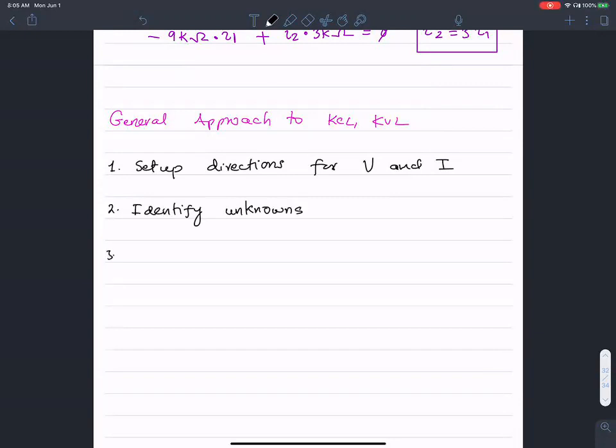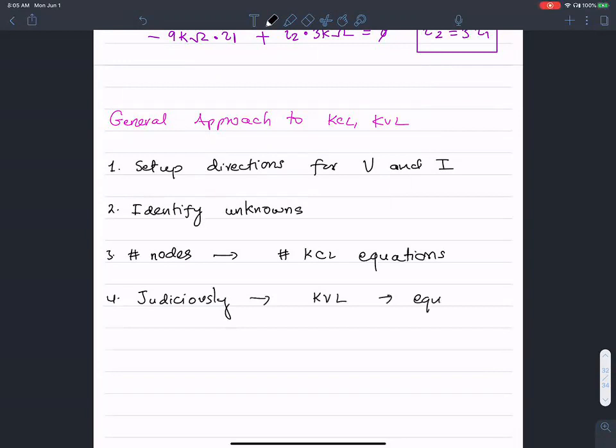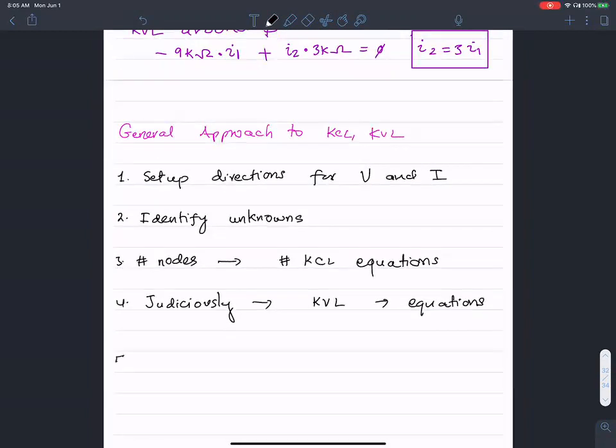Then the number of nodes gives us the number of KCL equations. And we judiciously, very carefully apply KVL to set up KVL equations. And then we arrive at all the unknowns.